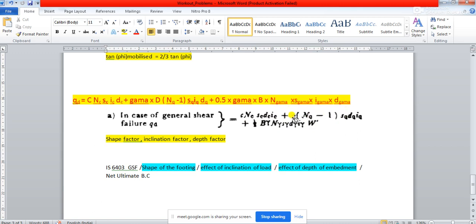whereas the depth portion of the formula, which considers gamma D, is not impacted by the water table correction factor.